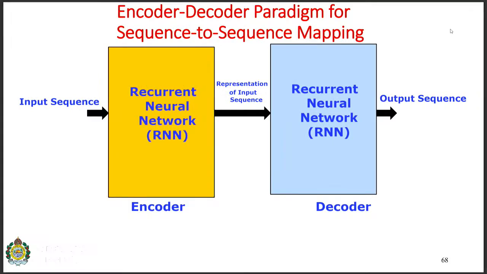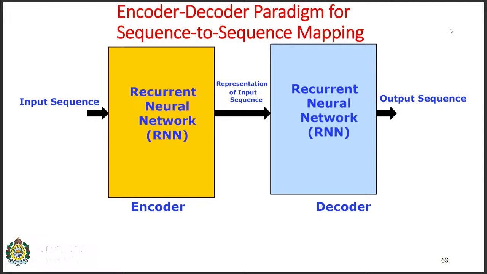In principle, one can use recurrent neural networks to do this task. It also follows the encoder-decoder paradigm: the encoder takes the input sentence and generates some kind of representation of the sentence. Basically, we take the output of the hidden layer of the recurrent neural network at the final instant of time.